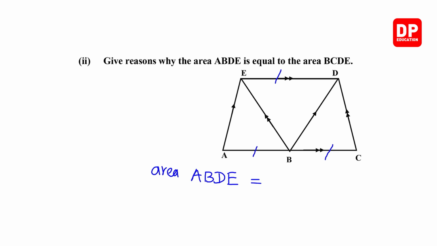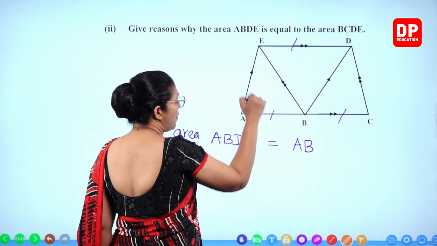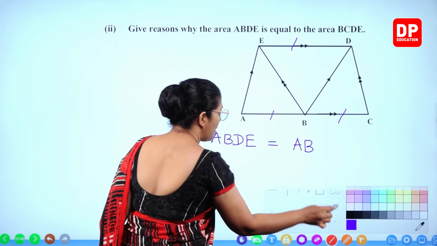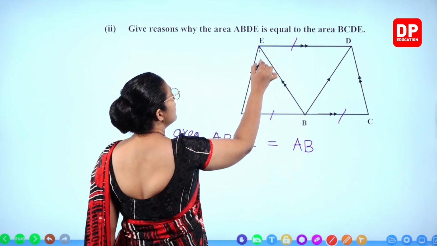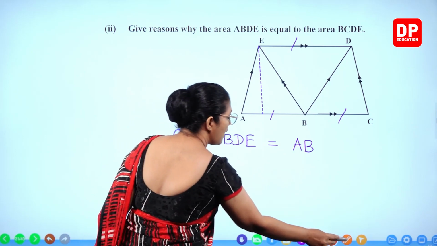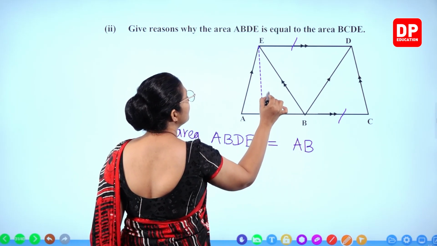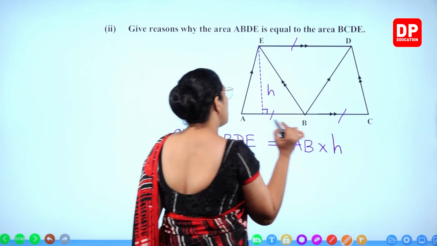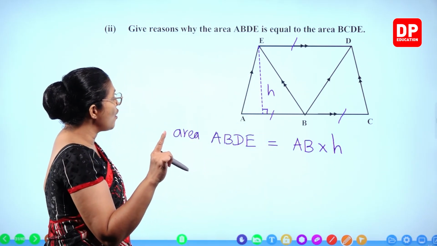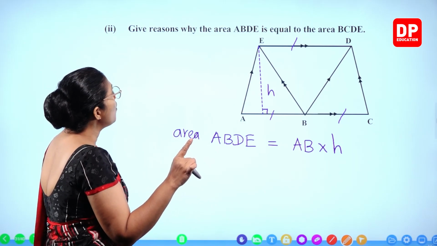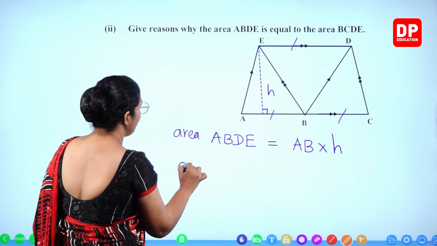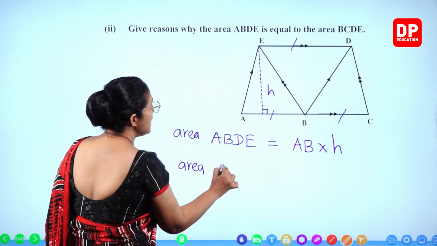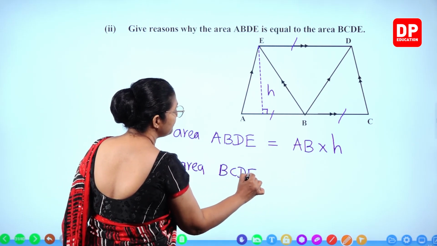This is equal to base AB into perpendicular height. So we can draw the perpendicular height here. Let's take H as the perpendicular height. That's the area of ABDE. Then what is the area of BCDE?